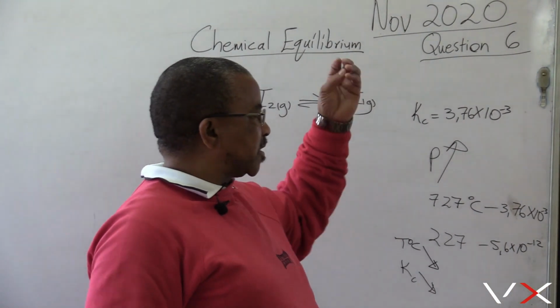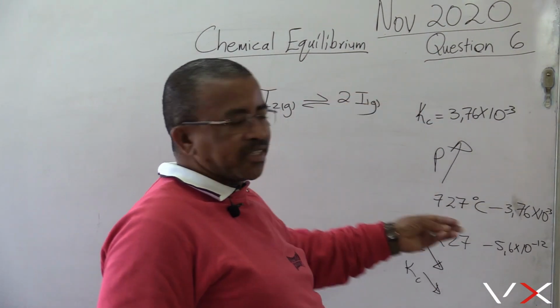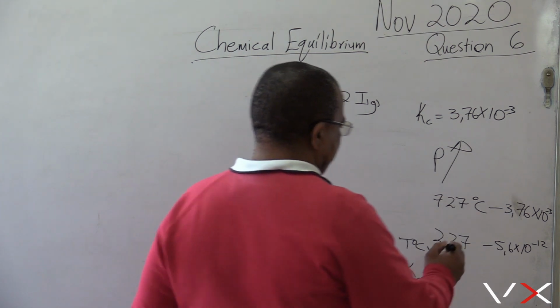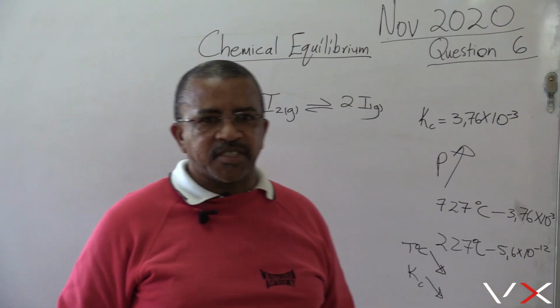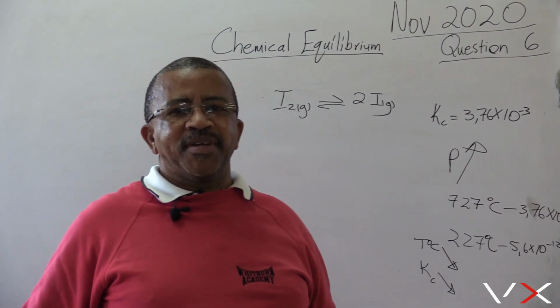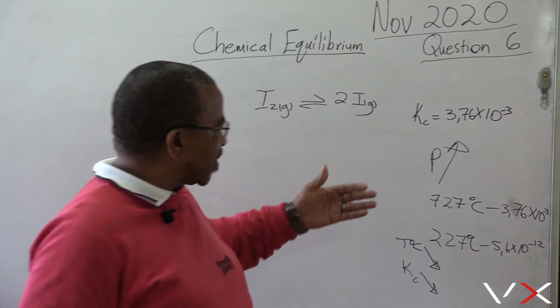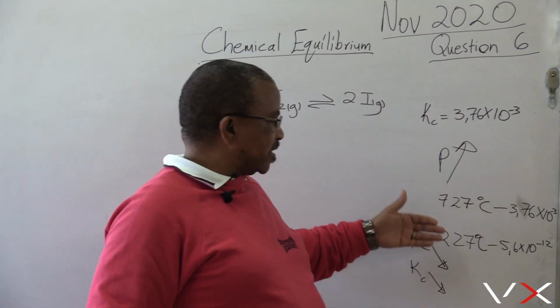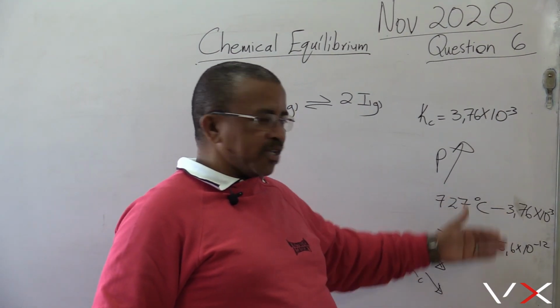So when temperature was decreased from 727 to 227 degrees Celsius, it's a nice revision. Now the temperature goes down from 727 to 227, and the value of Kc also goes down.